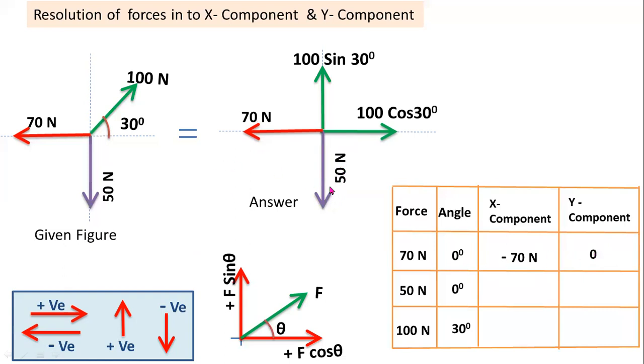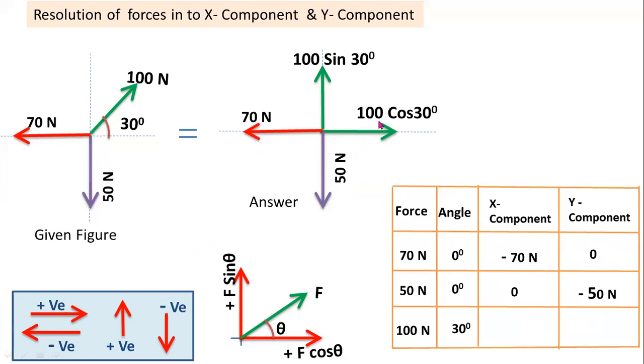For the 15 newtons force, this force is acting downward. That means this 15 newtons force lies on the y-axis. That's why you have to consider the y component. For downward direction, you have to consider negative sign, and the x component is 0. For the 100 newtons force, this is the x component, this is the y component.